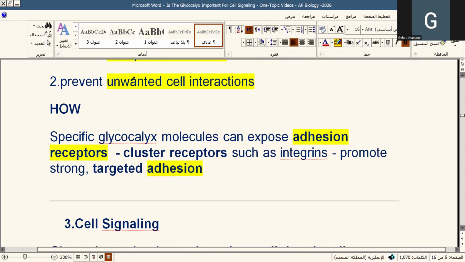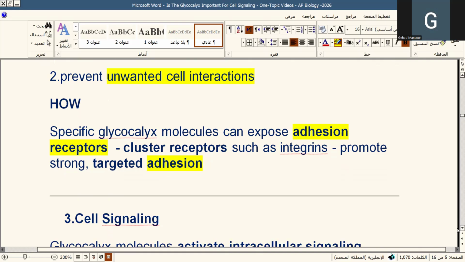So how does the glycocalyx prevent unwanted cell interactions on a molecular basis? Because the presence of the carbohydrate moiety results in specific bonding with the protein component of the glycoprotein or of the proteoglycan, resulting in conformational changes that ensure that the receptor has the specific shape and the specific charge that helps it adhere to the targeted molecules or to the specific molecules.